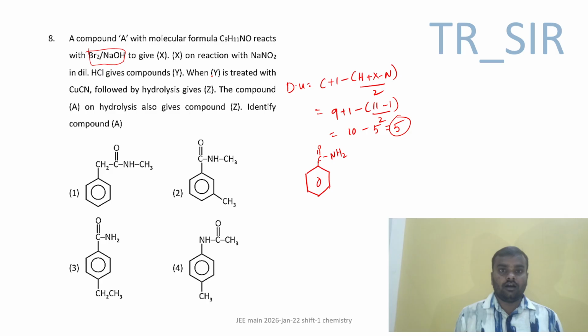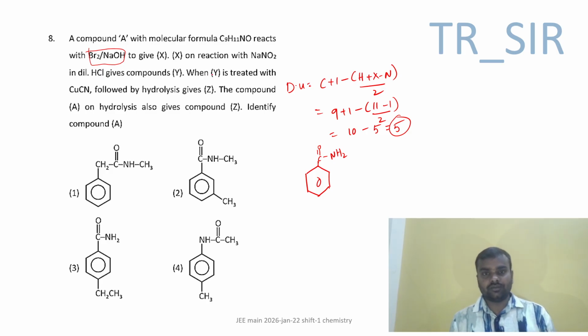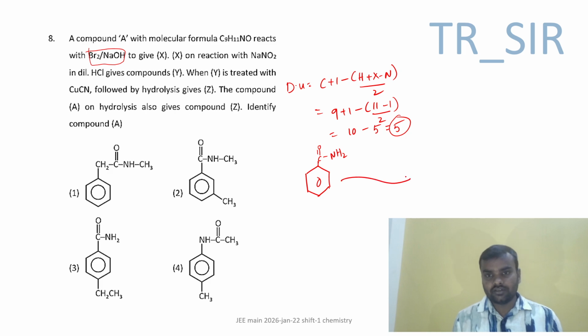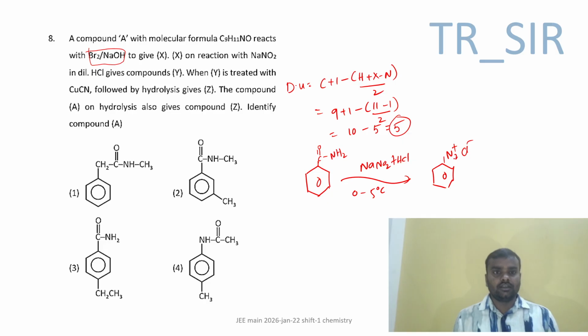X will come. X on reaction with NaNO2 and dilute HCl gives compound Y. That means if you do the, what is this? Diazotization, you know, NaNO2, HCl, 0 to 5 degrees Celsius. Not mentioned, but the reaction will go like that. You will get the diazonium chloride, no? N2 positive, Cl minus.